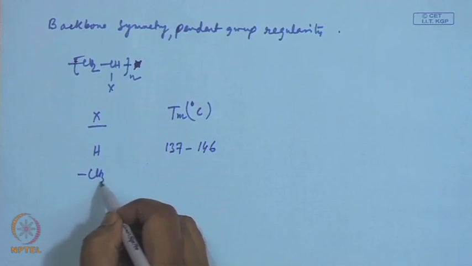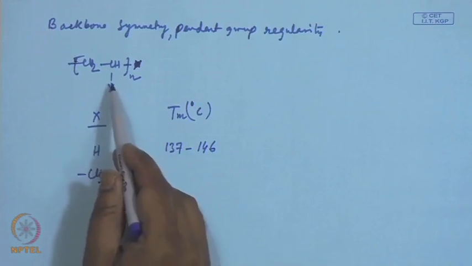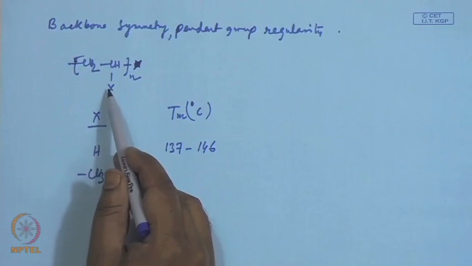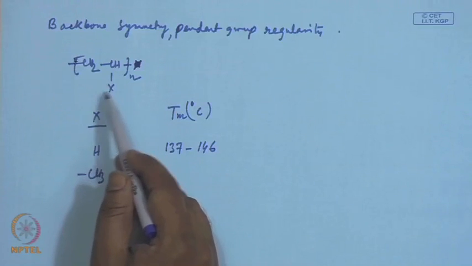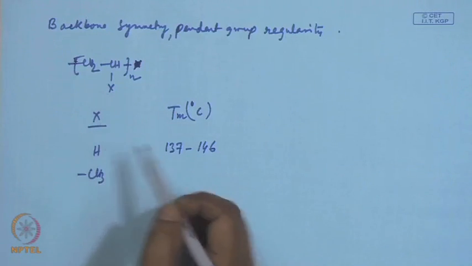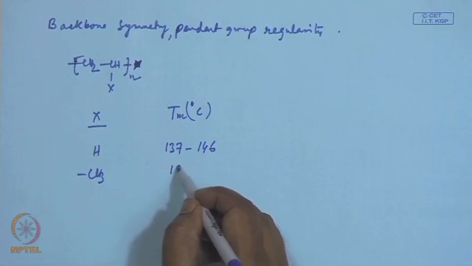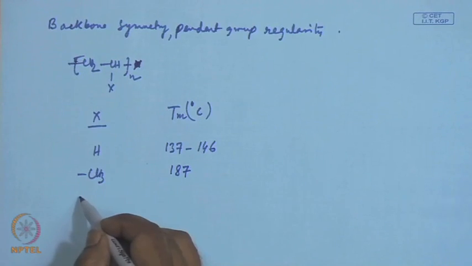When this is CH3, if you have a CH3 group, the polymer chain becomes stiffer, hence the Tm goes up.